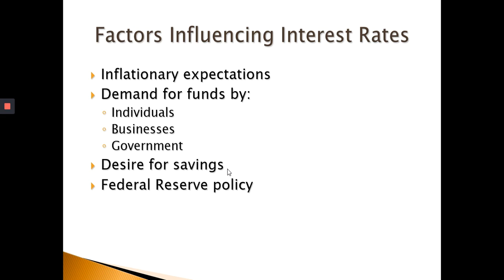Desire for savings. Countries like Japan, where people love to save, so there are so many individuals who love savings. Therefore, when you have so much supply, many people are saving funds.